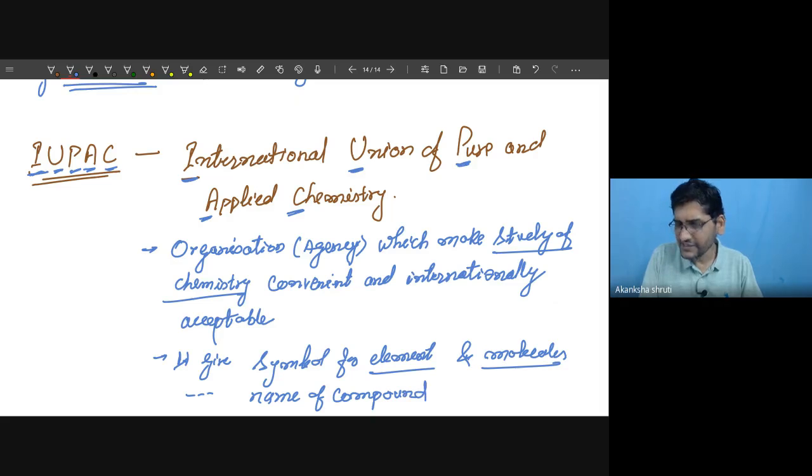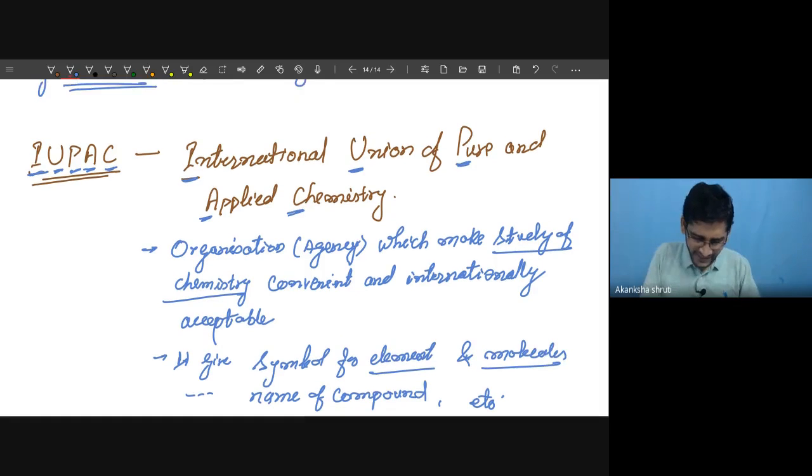This we will learn in class 10, that remembering organic compound names is quite difficult because there are millions of organic compounds. So a general rule for nomenclature, or giving the name, is proposed by IUPAC, and based on that the name of any compound can be given very easily, or if the name is given, its structure can be drawn very easily. So these are the functions.